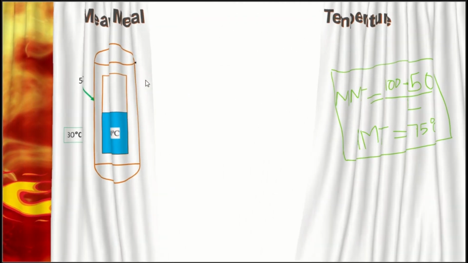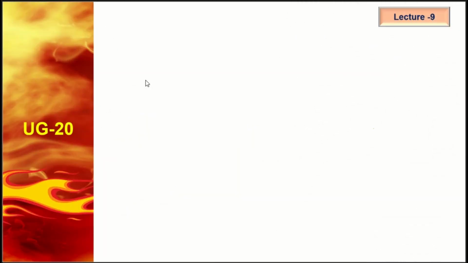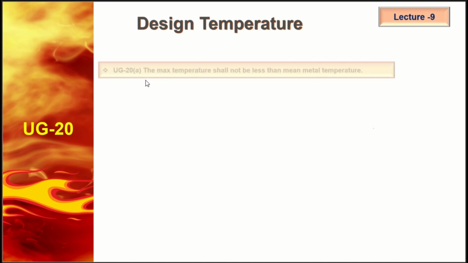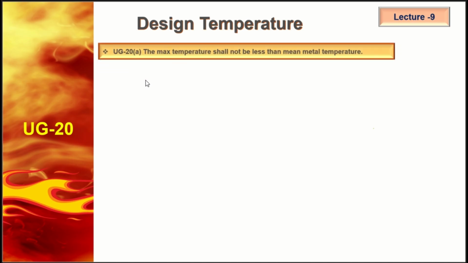So let's go to UG20. We will discuss three to four important points here. The first one is that the maximum temperature shall not be less than mean metal temperature. Whatever the highest temperature we are considering for our design, that shall not be less than the mean metal temperature of that material.